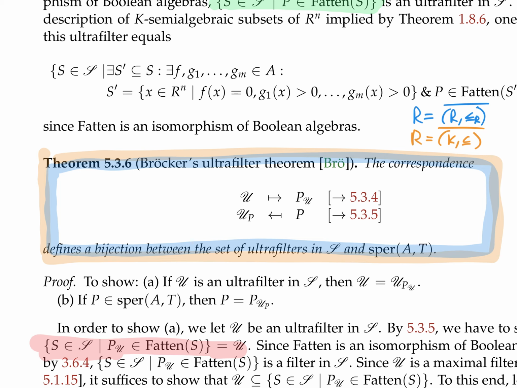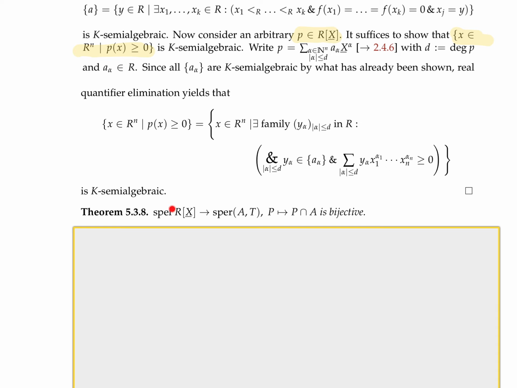So it seems that I have a nice map from the real spectrum of R[x] to the real spectrum of AT, which is a bijection. Now, we know already a canonical map from here to here, of course, the restriction. That's certainly the map we would think of first.